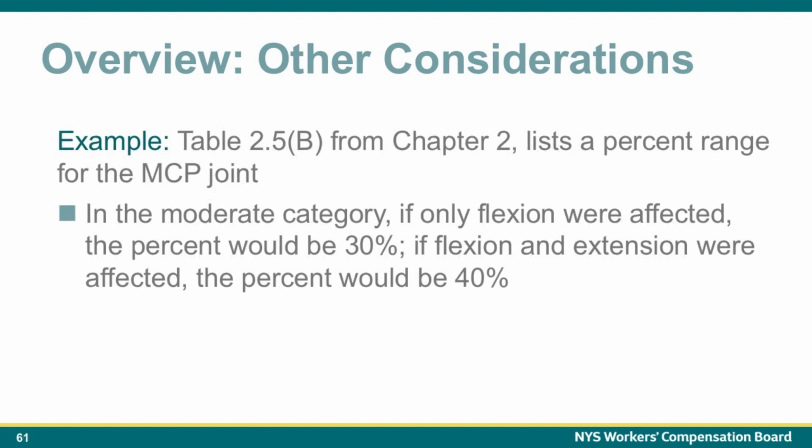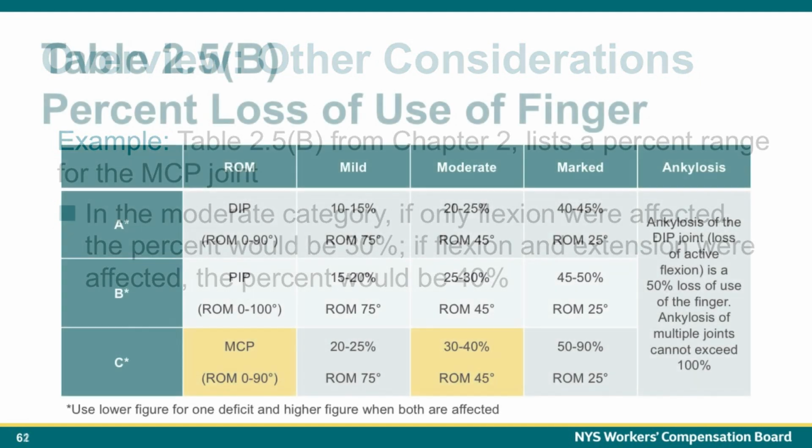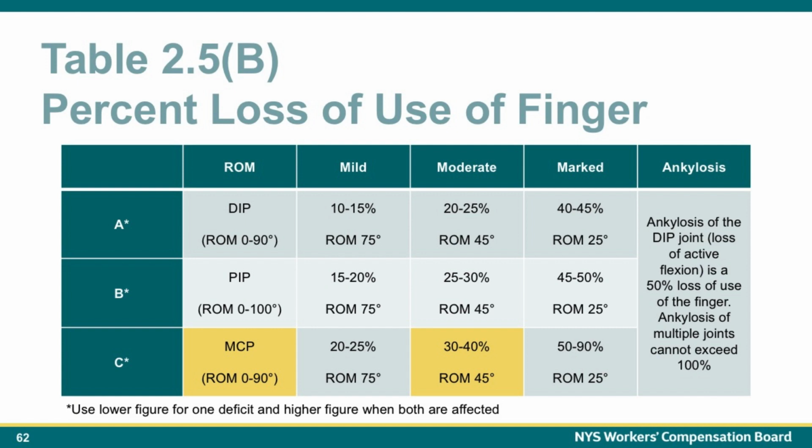For example, in Chapter 2, Upper Extremities, Thumb and Fingers, Table 2.5b, you'll see that the moderate percent loss of the MCP joint ranges between 30 to 40%. If there was only a loss of flexion, then the SLU would be the lower value, or 30%.